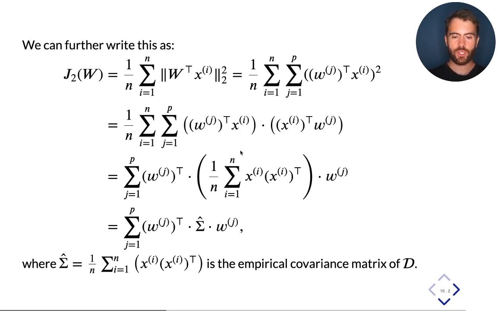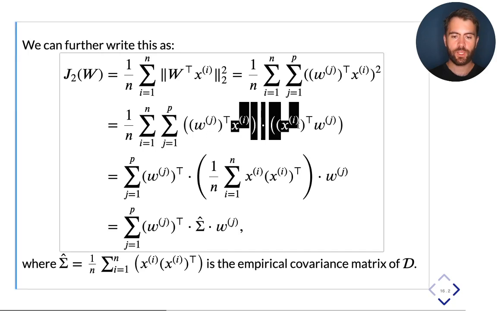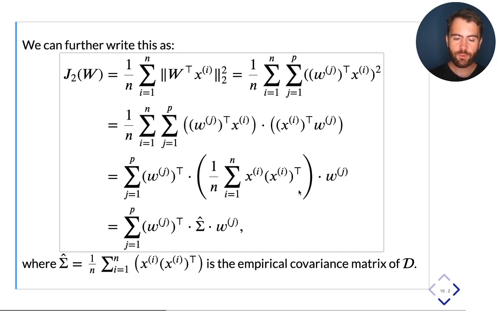And I can also change the order in which these vector multiplications are performed. Instead of performing them in this order, I can first operate over the two x's, here in the middle, and then operate on the w's. So here I have just changed the order of the operations.